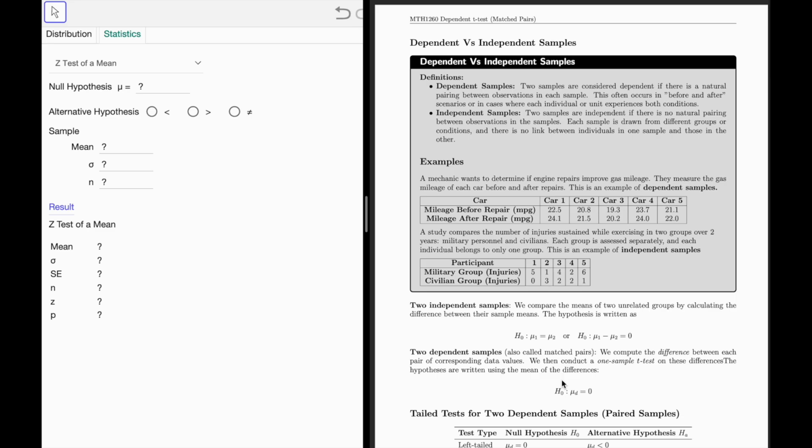Typically, that's one person or one thing that experiences two situations and then provides one data value for one sample and then another data value to the other sample with those separate experiences. But those two values are connected to the same person or the same thing. So that's why those two data values are connected and they're a pair.